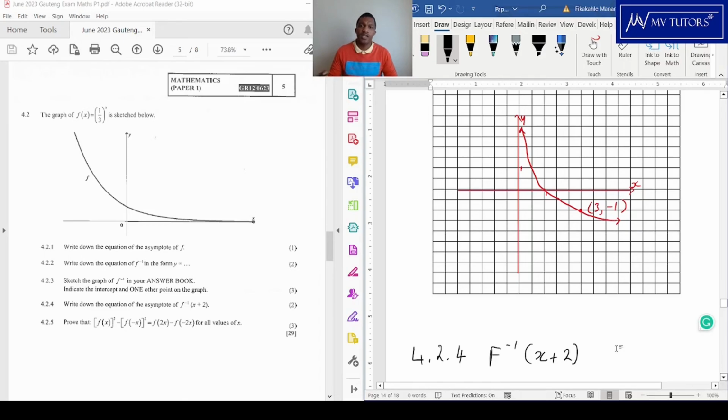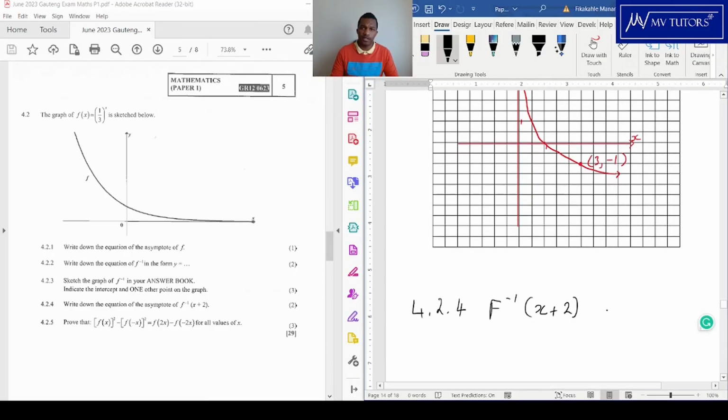That means our asymptote is shifting. Because it's inside a bracket like this, it means it's a positive number, which means a shift to the left. So our asymptote shifts to x equals -2.